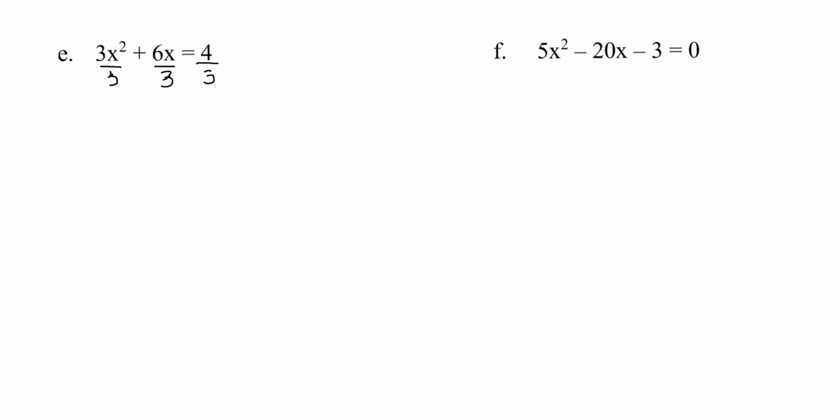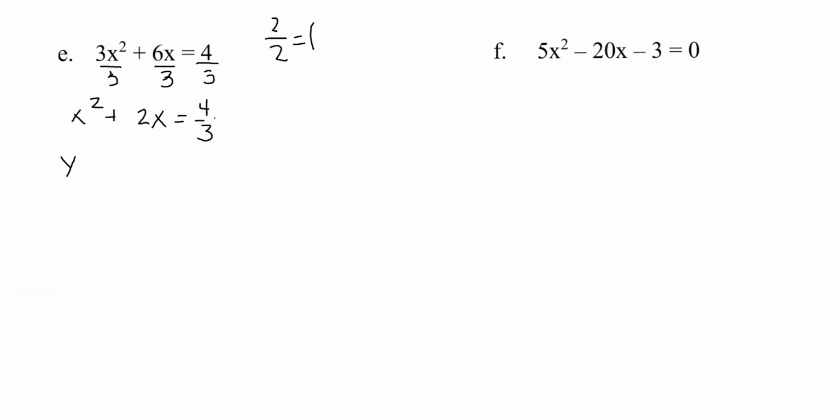When I do that, it's going to leave me with x squared plus 2x equals 4/3. And that's better because now we have just x squared there. B is 2. So if I take half of 2, 2 divided by 2 gives me 1, and I square 1, I get a 1. So I'm going to add 1 to both sides.